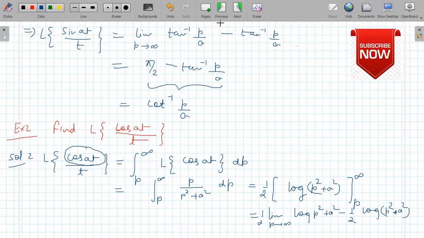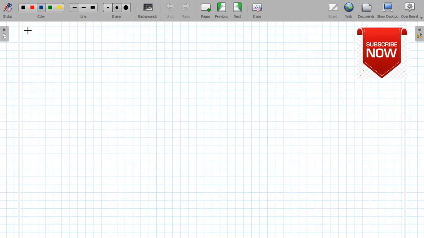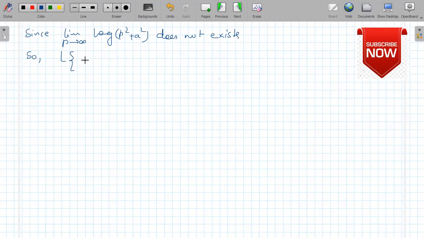I should write here, since limit p approaches infinity of log of p square plus a square does not exist, the Laplace transform of cos at divided by t also does not exist, right?